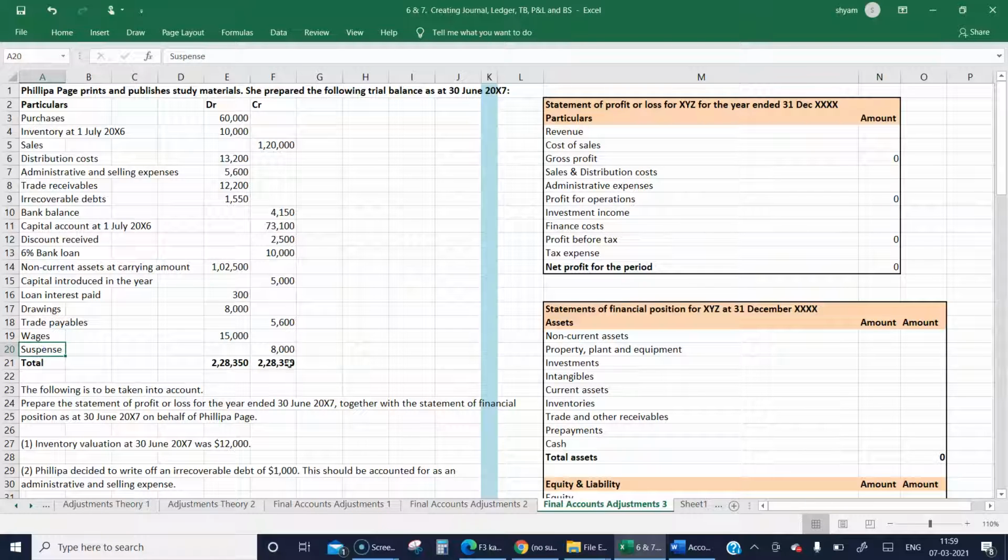So suspense in credit can be a liability, or it can be an income, or it can be a profit. We don't know which of these it is. Only when we read the adjustments, we will know what it is.